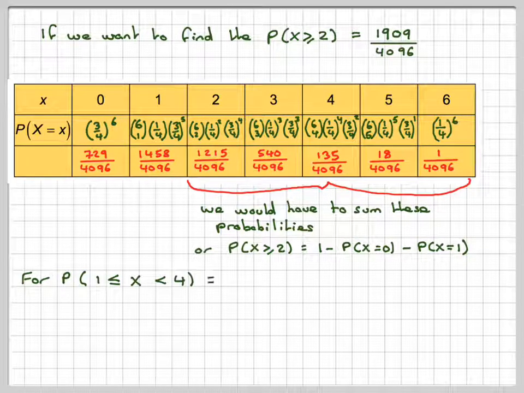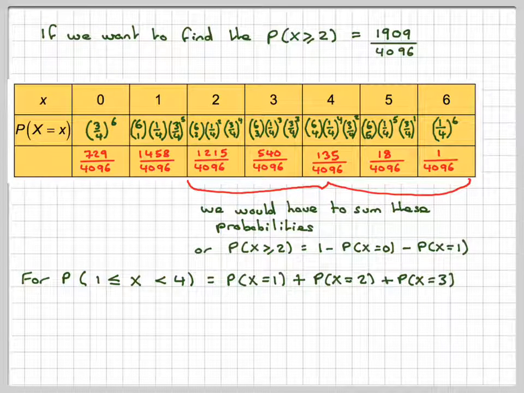For something like the probability that X is greater than or equal to 1 but less than 4, you have to consider the probability that X is equal to 1, equal to 2, equal to 3. So you're adding up probabilities. We don't include 4 because it's not equal to 4, but we include 1 because it's equal to 1. We get 3213 over 4096 if we add these three probabilities together.